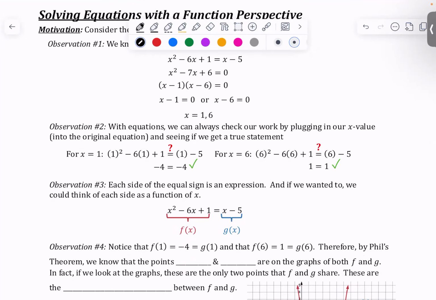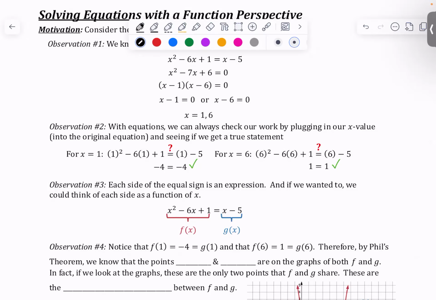So f of 1 is equal to -4, and g of 1 is equal to -4, because if I plug 1 into this equation, like you see in observation 1, we get -4. Similarly for 6, if I plug 6 into f of x, 6 squared minus 6 times 6 plus 1 is equal to 1. And 6 minus 5 is equal to 1.